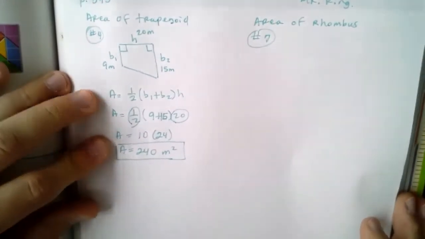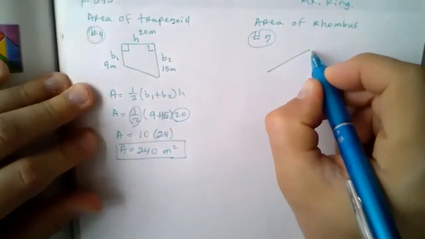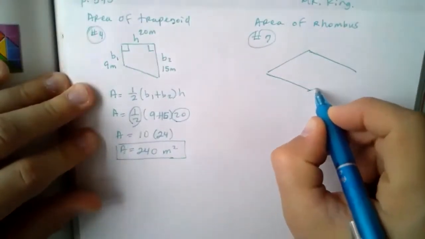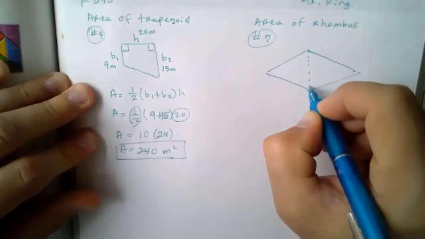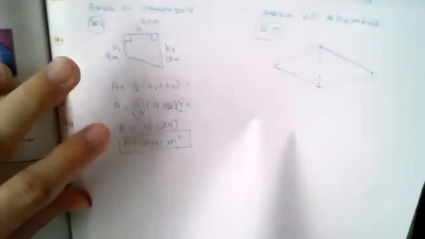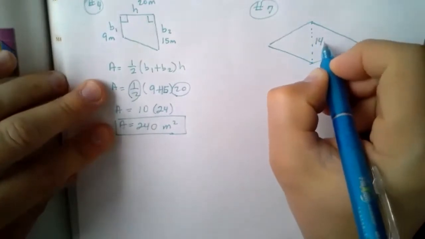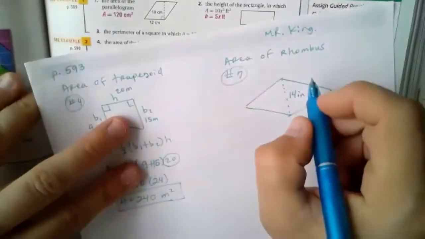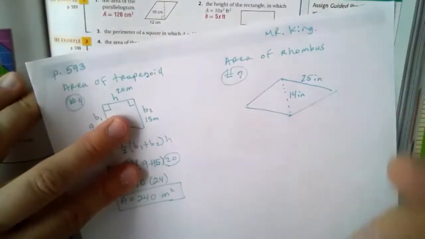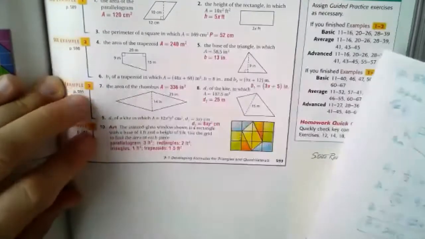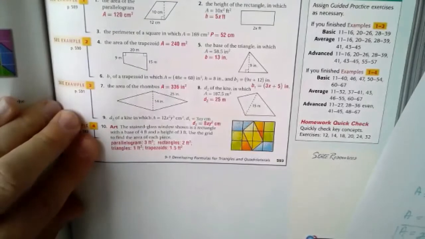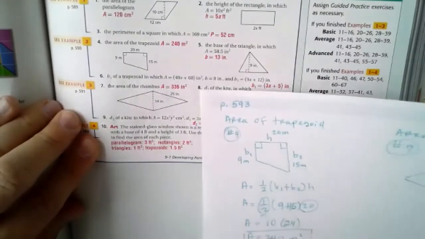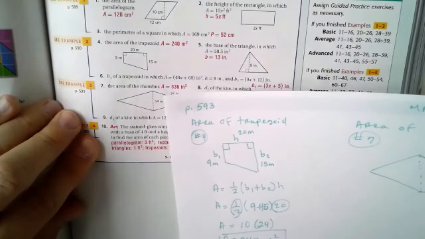Okay, number 7. Number 7 is a rhombus, so the rhombus looks like this. We have a diagonal that's 14 inches and a side length that's 25 inches. In this case, we need to find the area of the rhombus.